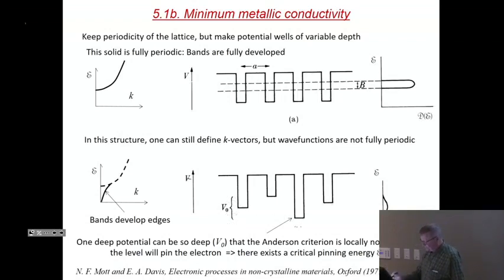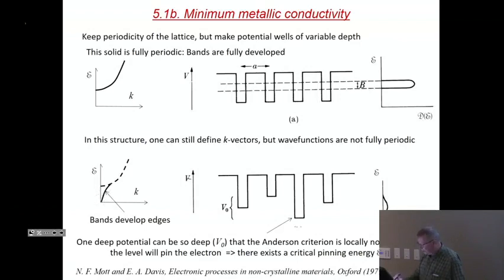Well, if your potentials look like this, randomly distributed, that means that your band is not a nice simple parabola. It means that there are energy states that develop at energies lower than the conduction band minimum. So this basically means that the bands develop something we call a tail.